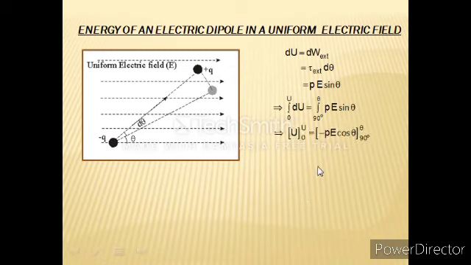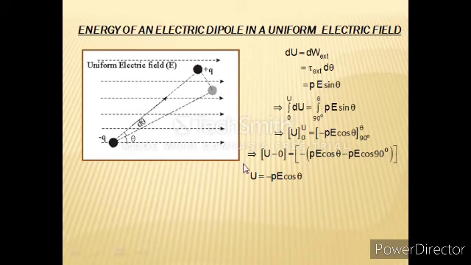So on simplifying, this gives us the expression: U is minus PE cos theta. This can be very easily simplified, and finally you have this expression. So energy is minus PE cos theta. This is the basic formula for energy.